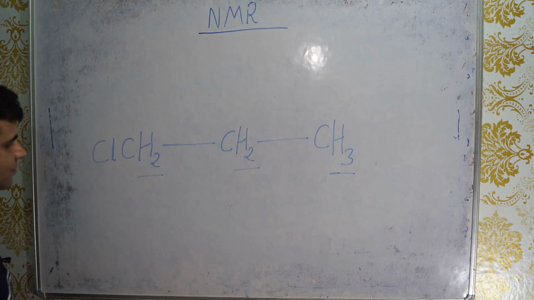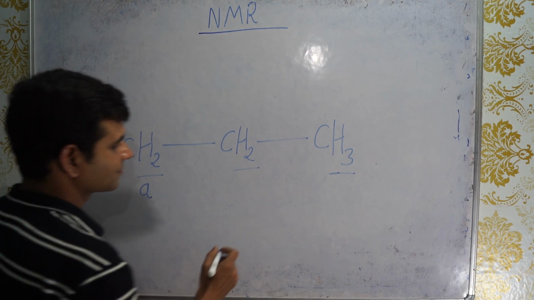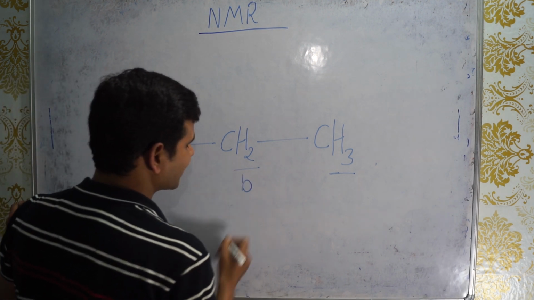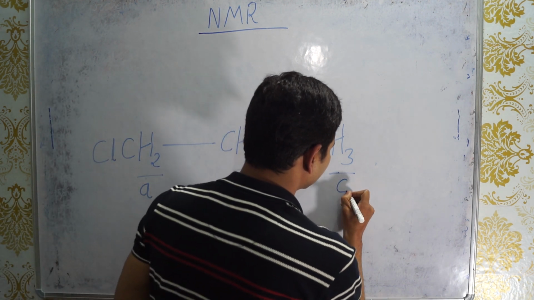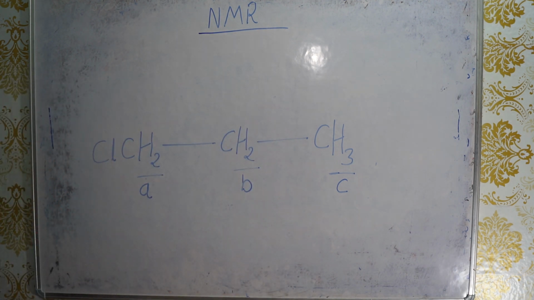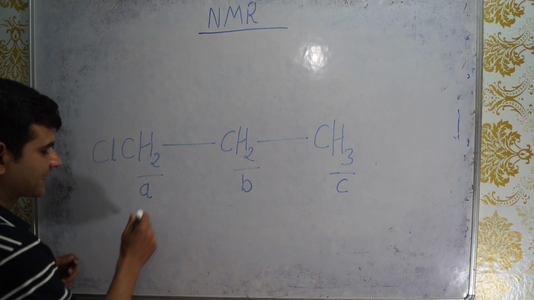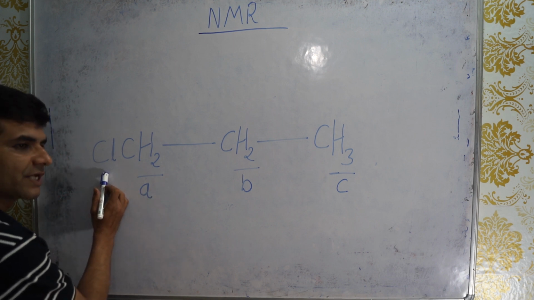Let's call them type A, type B, and type C hydrogen atoms. Now, type A hydrogen atoms are closest to the chlorine atom.